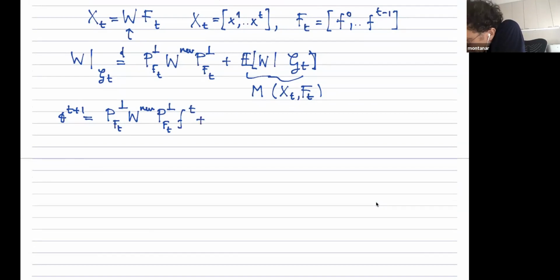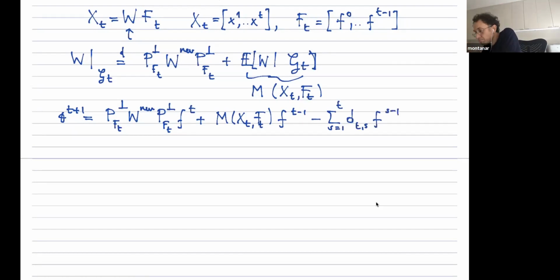And then there is plus this matrix M of XT, FT applied to F T minus 1 minus the sum over S up to T of DTS F S minus 1. So this is just an identity. This is true in distribution if you want. It's just an identity. But now it's quite clear the way to go, right?